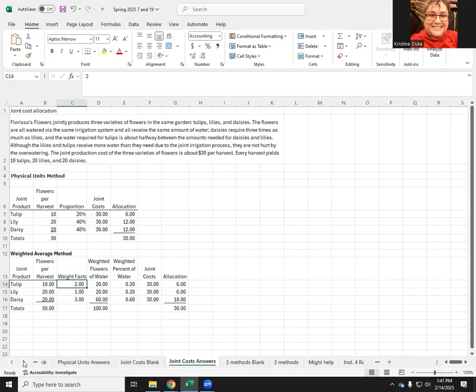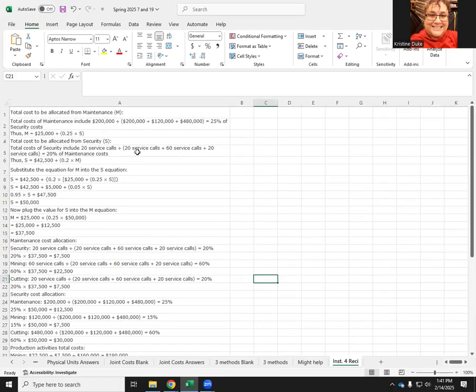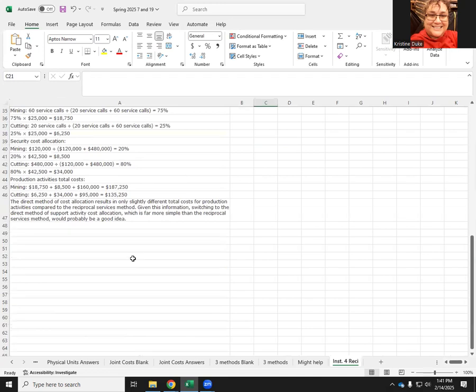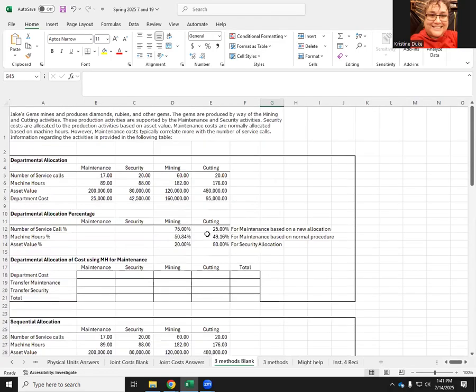Now I'm going to come on over because like I said, I have got a whole bunch of stuff. This is reciprocal. Okay, this is some instructions and I just pasted them here in case it might help. So we're going to go ahead to the blank. And again, I'm going to do this one because why not?